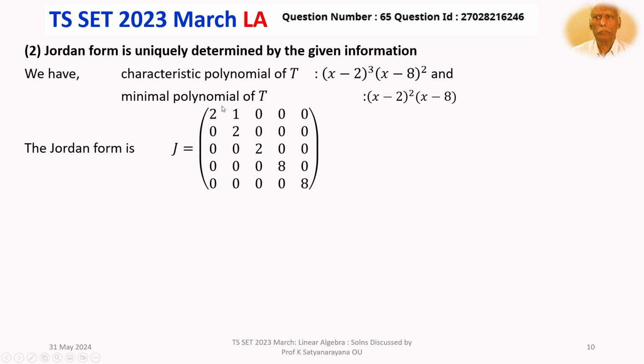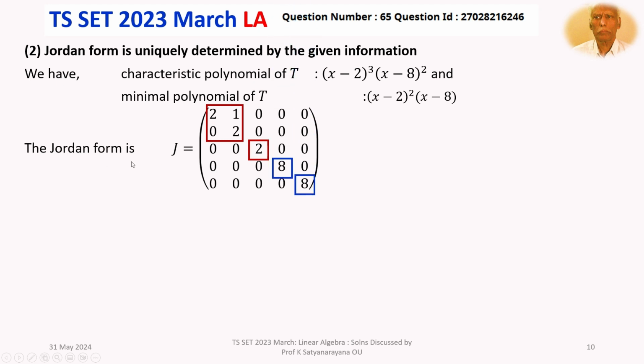And whenever the Jordan block of order 2 comes, there will be this 1 coming into the picture. So that is the Jordan block of order 2. And the (x minus 8) will give you Jordan block of 8. And (x minus 2) whole cube will tell you 2 should appear 3 times. What about the remaining 2? That will be the Jordan block of 1. And for 8, Jordan block of 1, Jordan block of 1.